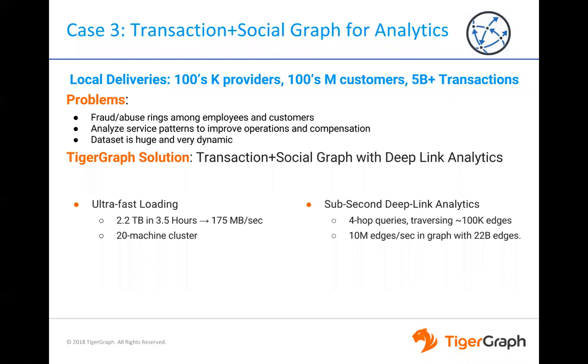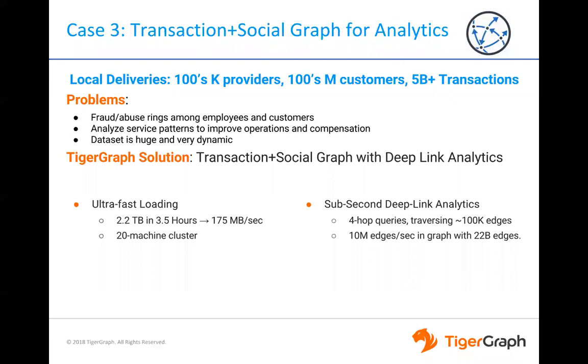One was they have fraud or abuse rings among the customers and employees, and they want to be able to detect that. Secondly, just a general desire to analyze the service patterns to help them improve their operations and their compensation models. And thirdly, as we said, the data set is large.